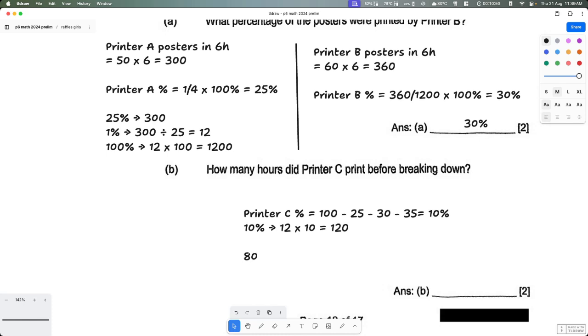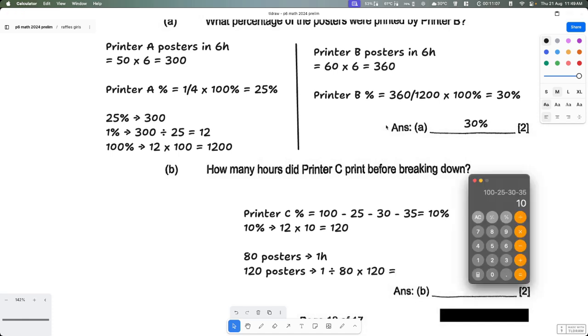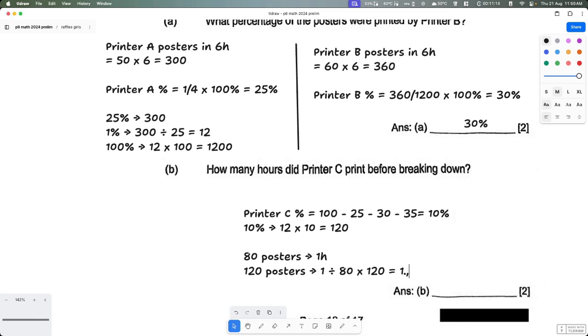Then 120 posters is equal to 1 divided by 80 times 120. Let's do that: 1 divided by 80 and then times 120 is 1.5 hours. There you go. So it's 1.5 hours for part B. All right, let's move on to the next question.